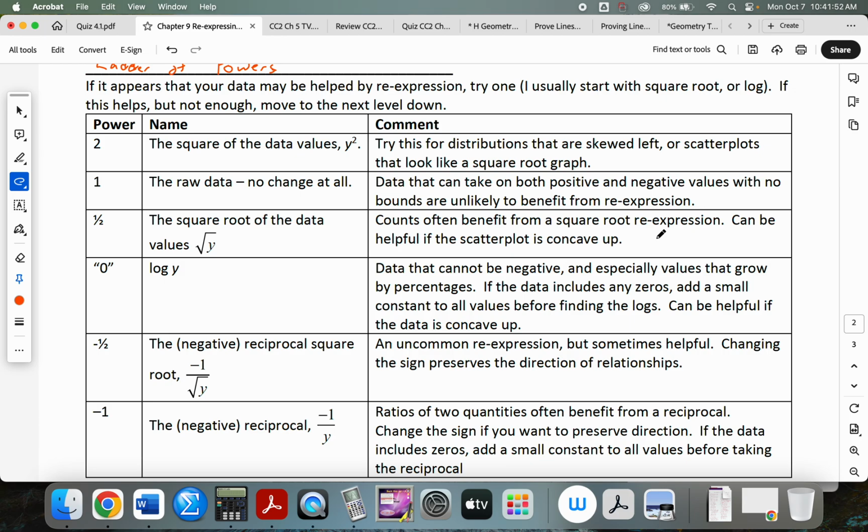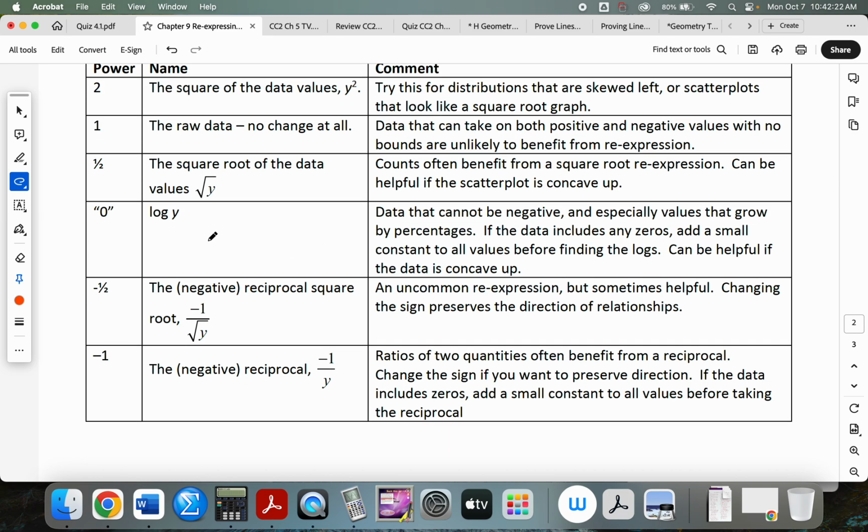So you actually can take the square root of counts, although that seems kind of counterintuitive. You can do that. Sometimes it's helpful. Wait, because the count is a numeric value. Is that like the frequencies? Mm-hmm. Oh, okay. Counts, frequencies, same thing.